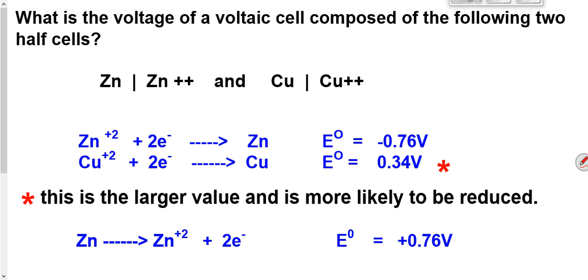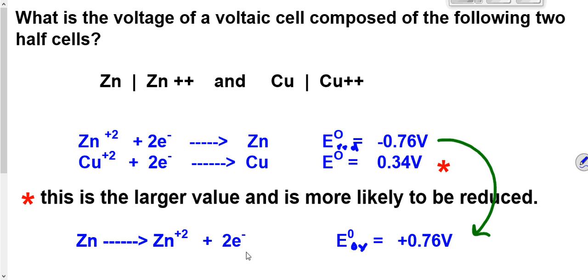Now the bigger value wins, so the copper value is going to stay reduced, and that means the zinc value will be flipped. Instead of being a reduction potential, it's going to become an oxidation potential. Instead of being reduced, it'll be oxidized.